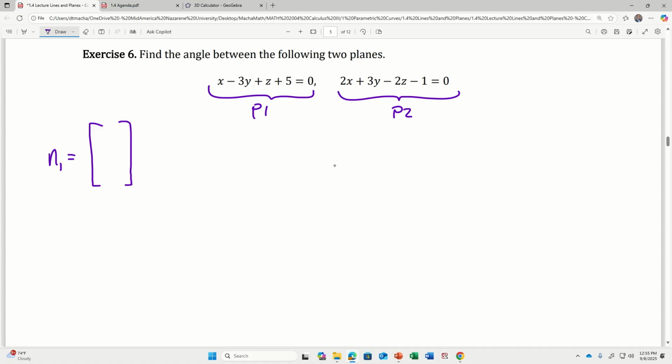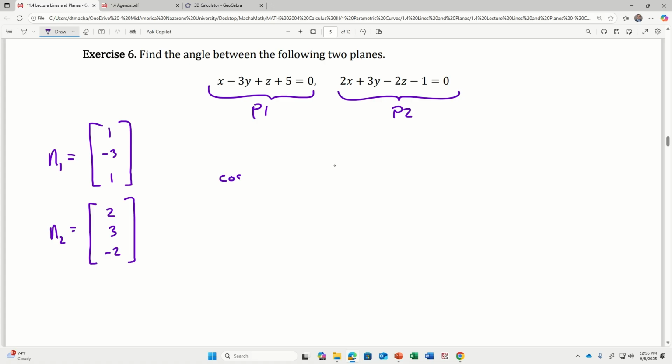And what should the entries be for n1? 1, -3, 1. And n2, what should the entries be? 2, 3, -2. Very good.